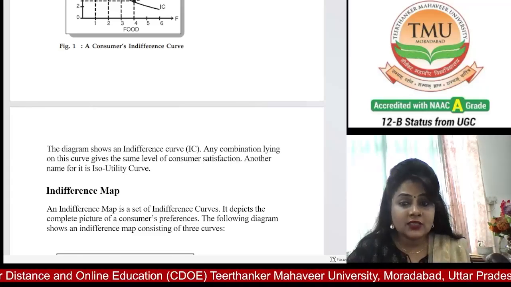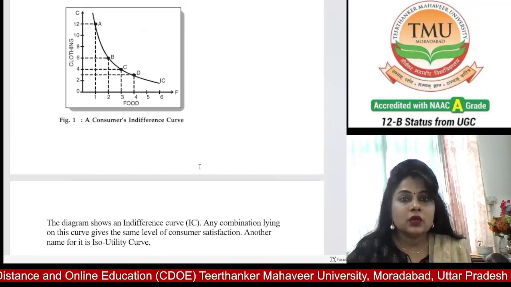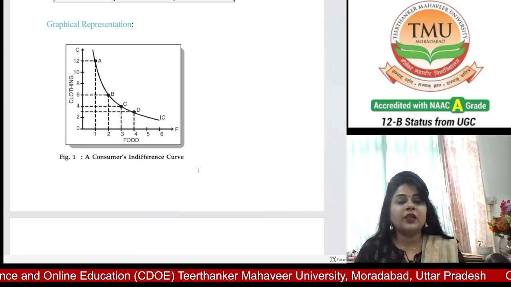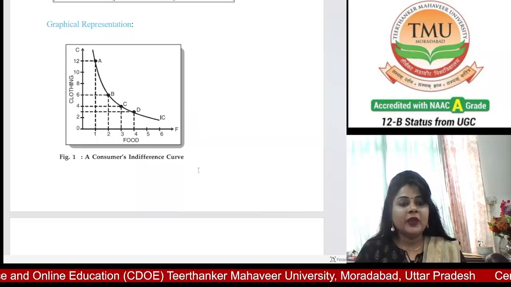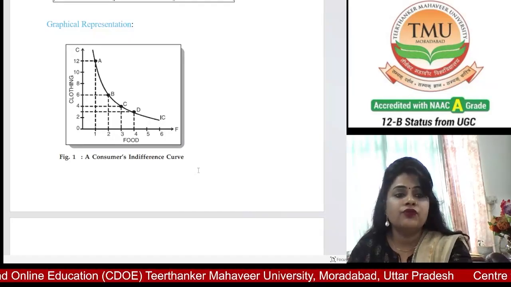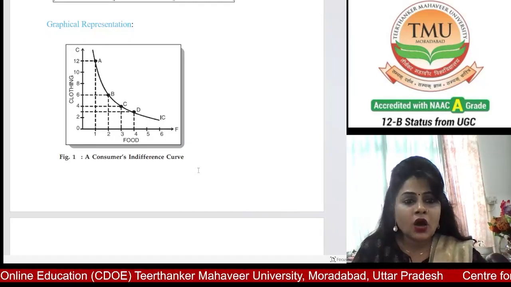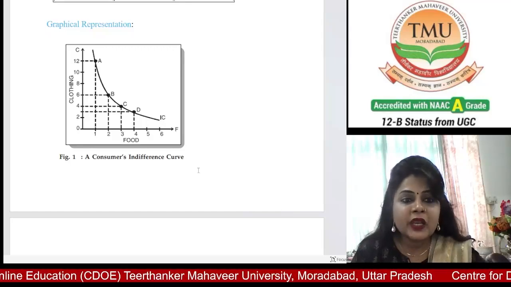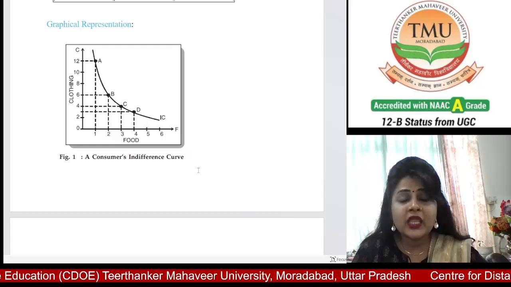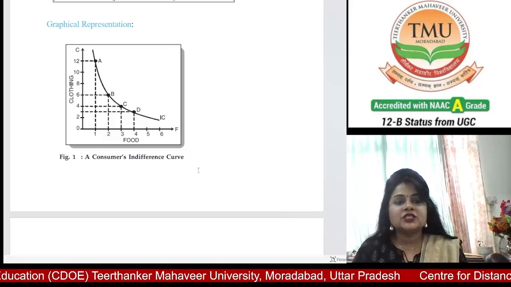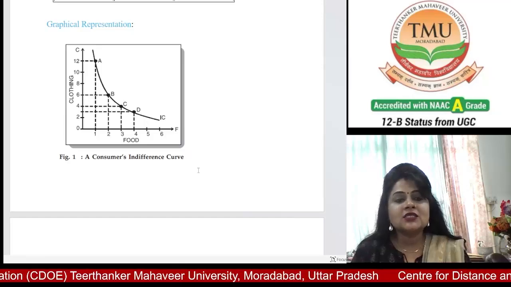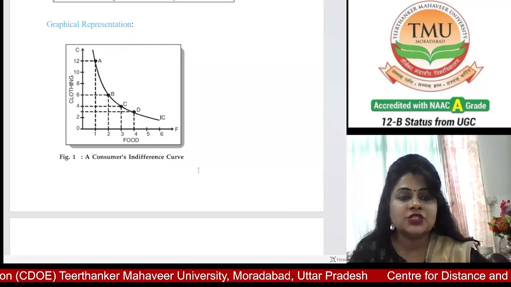I gave you an example to define the indifference curve. In this example, Peter has 1 unit of food and 12 units of clothing. Now we ask Peter how many units of clothing he is willing to give up in exchange for an additional unit of food so that his level of satisfaction remains unchanged.